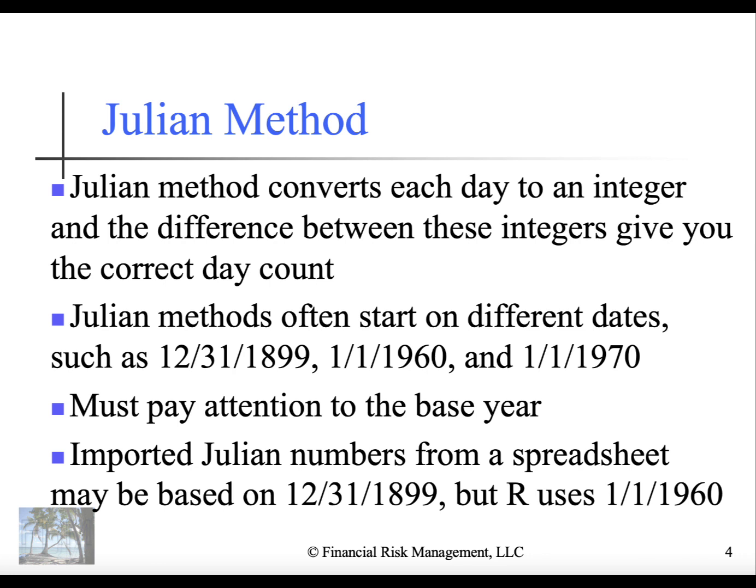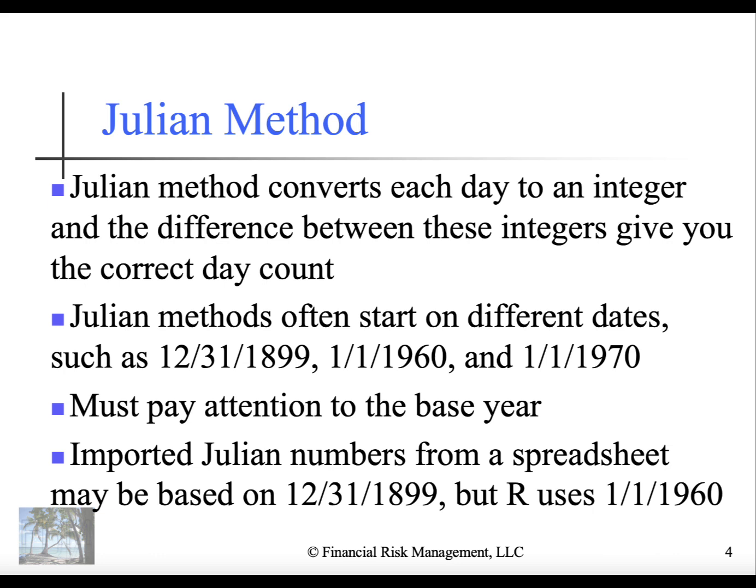Typically, the way this is done is dates are converted to Julian numbers. The Julian method converts each day to an integer, and the difference between these integers gives you the correct day count. Unfortunately, different software packages assume different base years, such as Microsoft Excel.